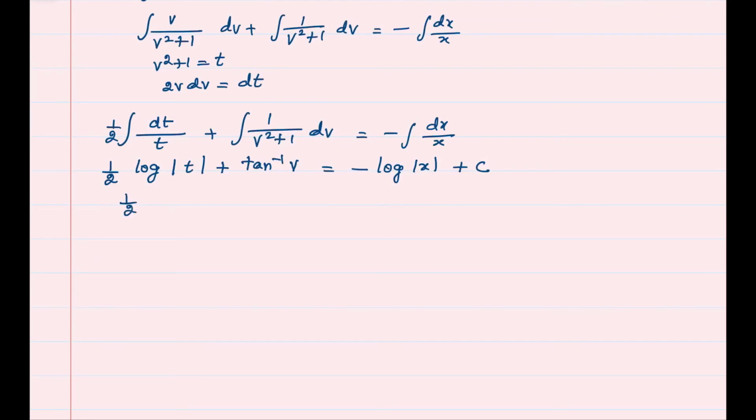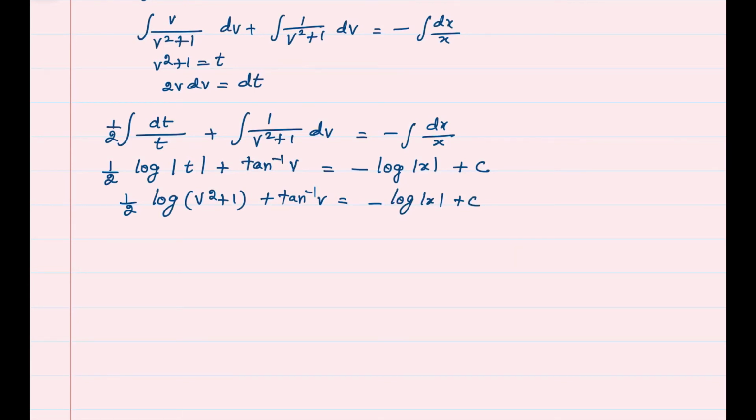We will substitute for t, half log of t is v square plus 1, which is a positive value. We need not write the absolute value sign, plus tan inverse of v equal to minus log of absolute value of x plus c.